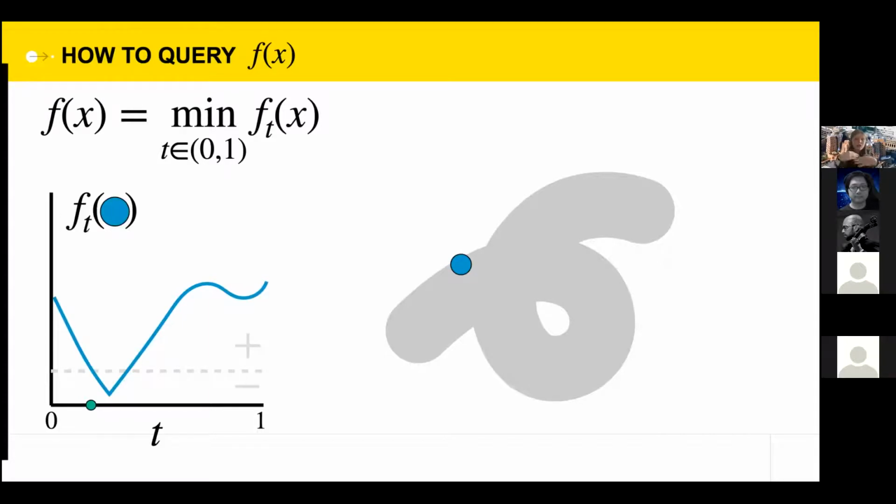It can't vary that much if we just move a little bit, right? What about the point at which the minimum happens? Well, T star for the blue point, this point here, will obviously be, since the graphs are very similar, then the time at which the minimum happens for both graphs will be very similar. So it'll be similar to the time at which the minimum happened for the green point.